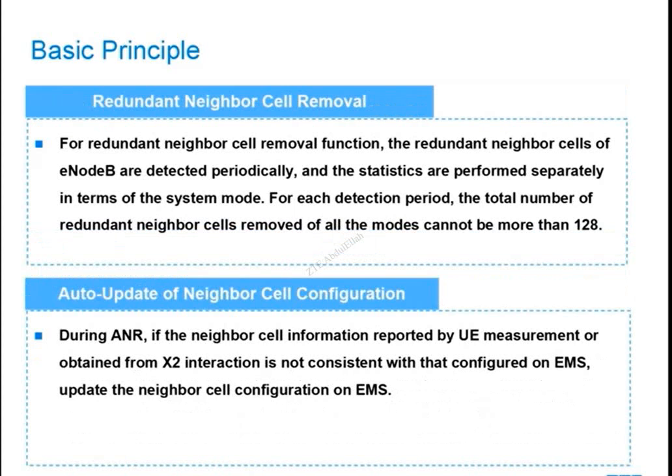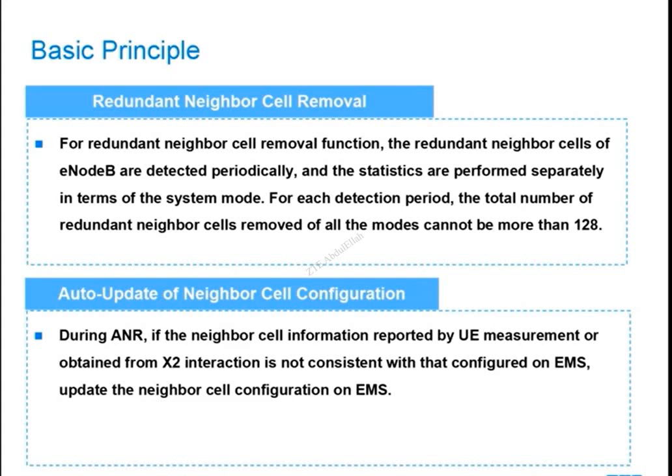Also, the ANR function can detect the redundant neighbor cell and remove it. A redundant neighbor cell refers to an external neighbor record that is not configured as a neighbor cell of any cell of the local node B in the external neighbor configuration.